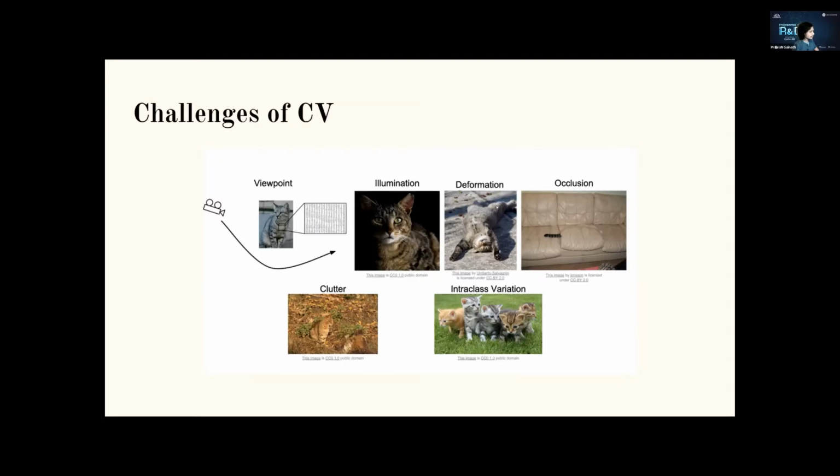Deformation is when what we expect objects to look like is not the same all the time. For example, this is a cat having a nice sleep in the warm sun, and it's going to be hard to detect that it's a cat in this kind of posture, which is not very common, depending on your data set.